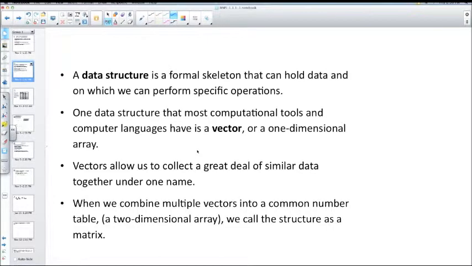Let's start from the concept of data structure. Well, data structure is everywhere in computer science, and it is a formal skeleton, or say a frame, that holds all the data and on which you can perform any mathematics operations.